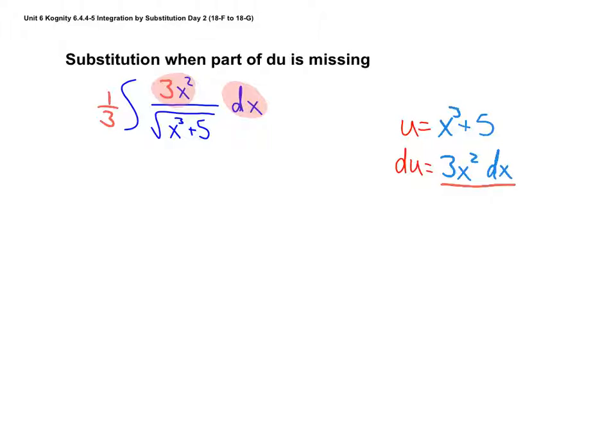Now I have 1/3 times the integral. This whole thing, the 3x squared dx, gets replaced with the du. And we now have a 1 over the square root of u.